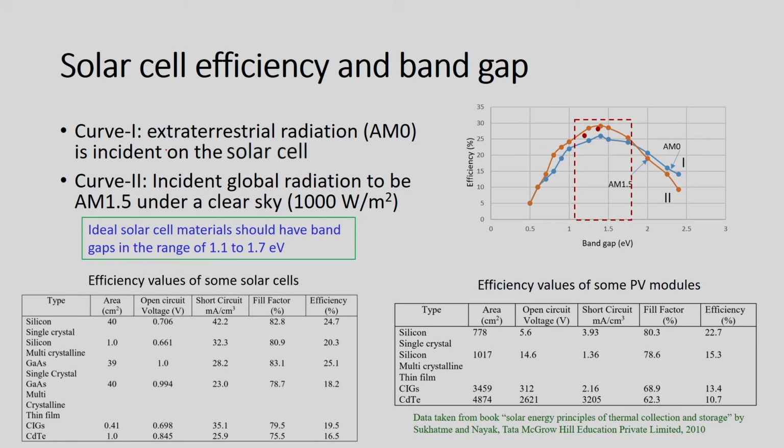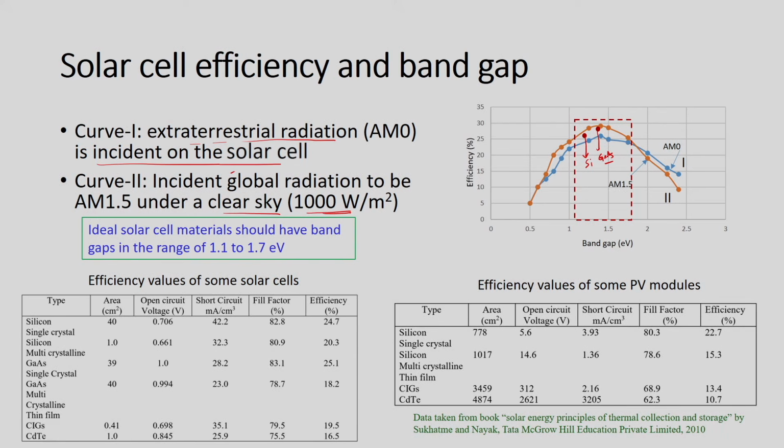Curve 1 is for extraterrestrial radiation incident on the solar cell, and curve 2 is for global radiation at AM 1.5 under a clear sky. It is assumed that the intensity of solar radiation is 1000 watt per meter square. If we plot it, this is for silicon and this is for gallium arsenide.